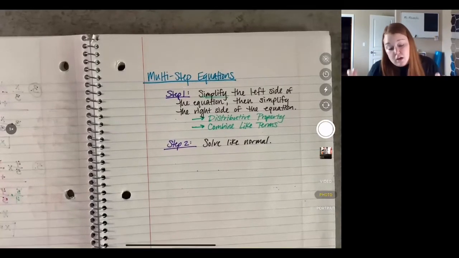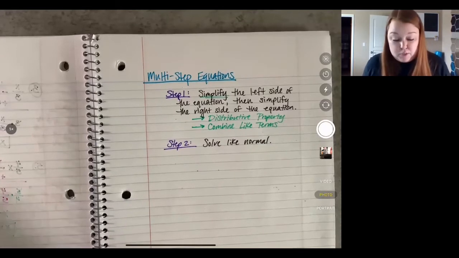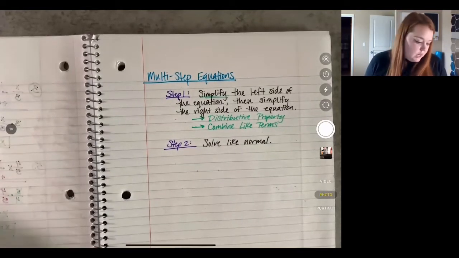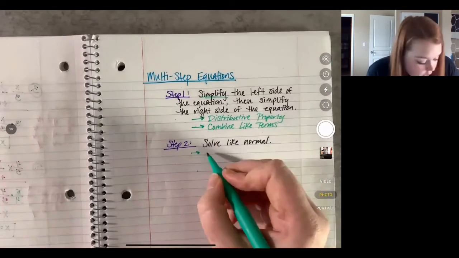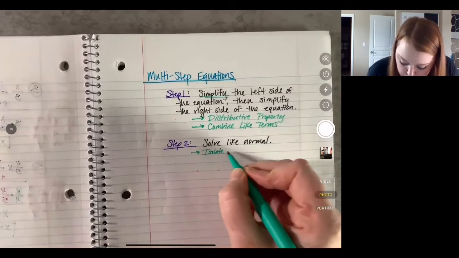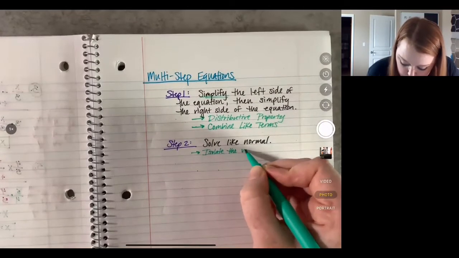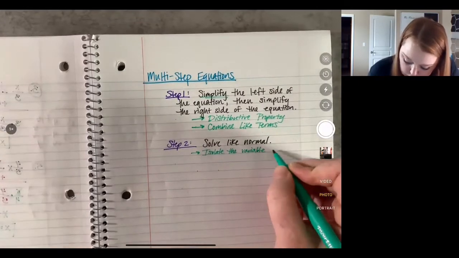So what I mean by solve is you get the variable by itself. So you use inverse operations and all that stuff. So here's what I mean by solve. Isolate the variable. Using inverse operations.